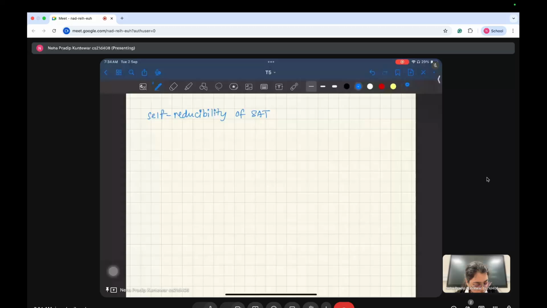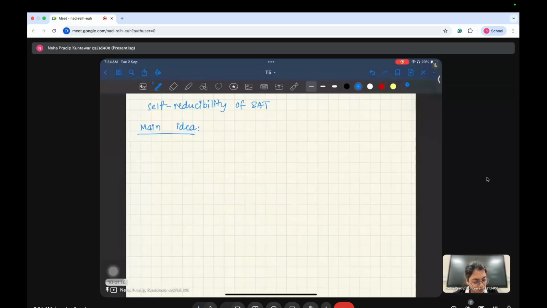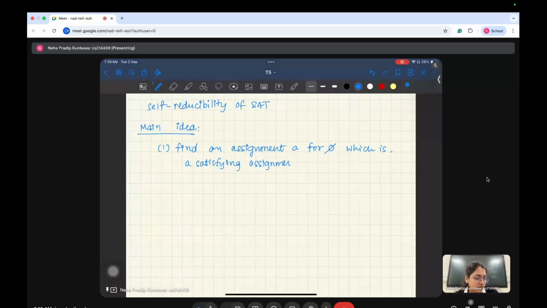The main idea is going to be that I'm going to somehow find an assignment A for phi, which is a satisfying assignment with good probability. So I'll not define what good is right now.